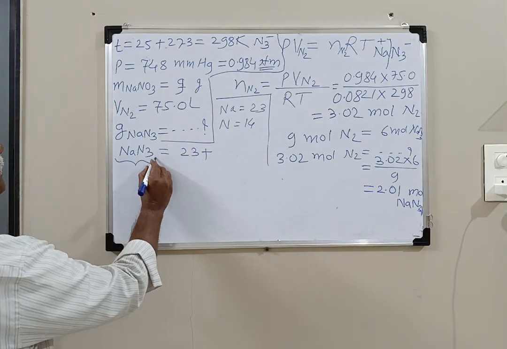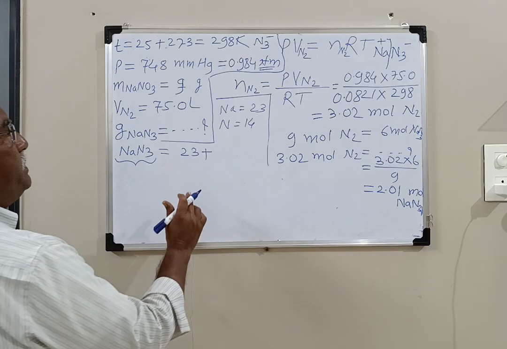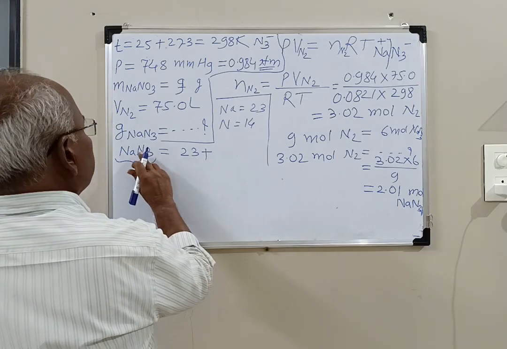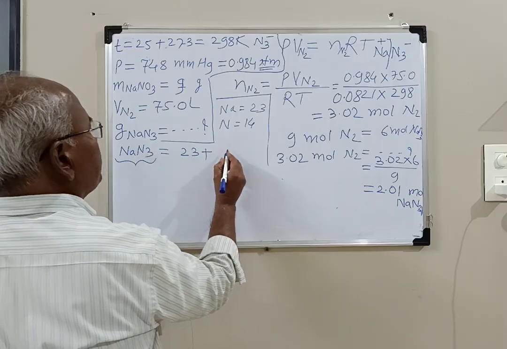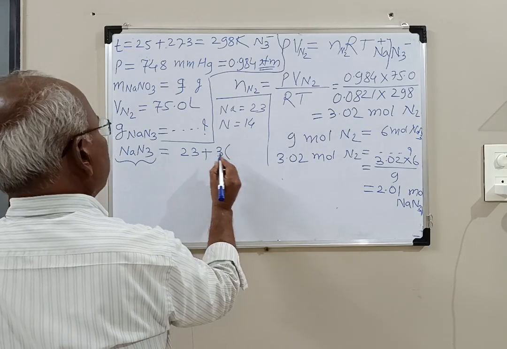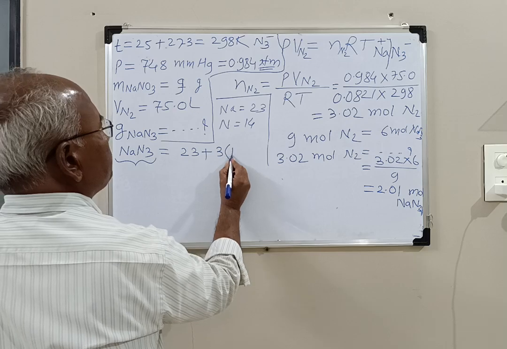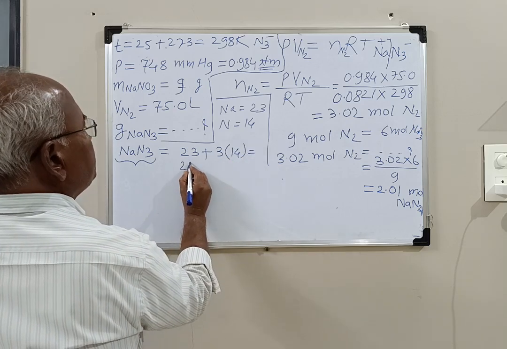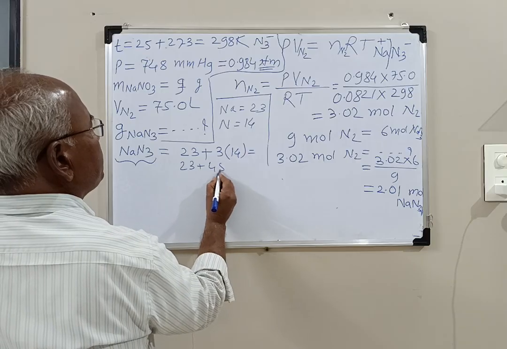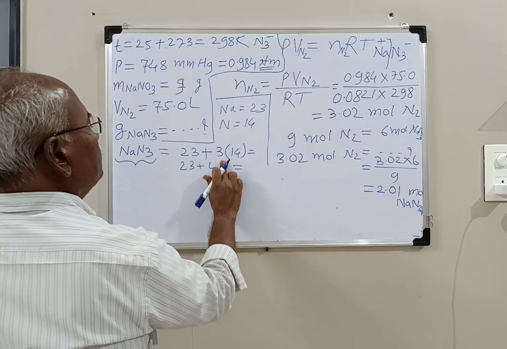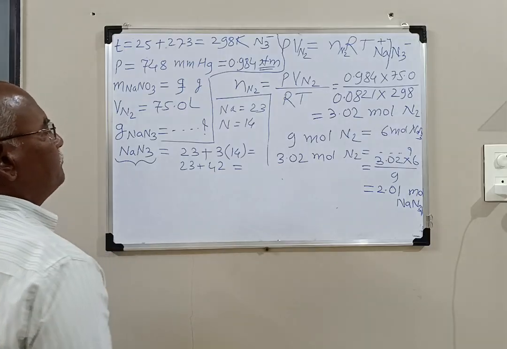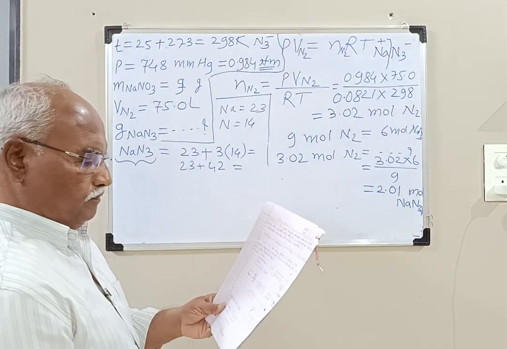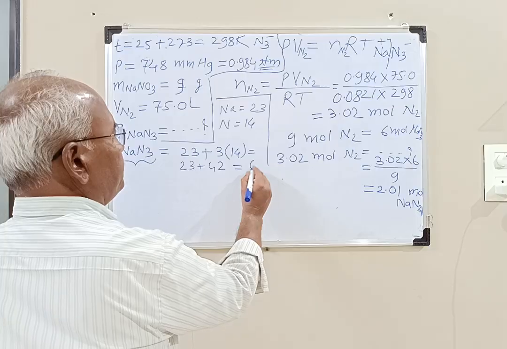Calculate its molecular weight: 23 plus 3 atoms of nitrogen, 3 into 14, that is equal to 23 plus 42, that is equal to 65.